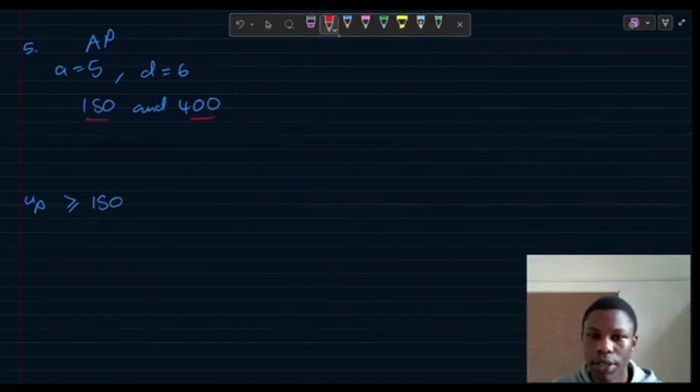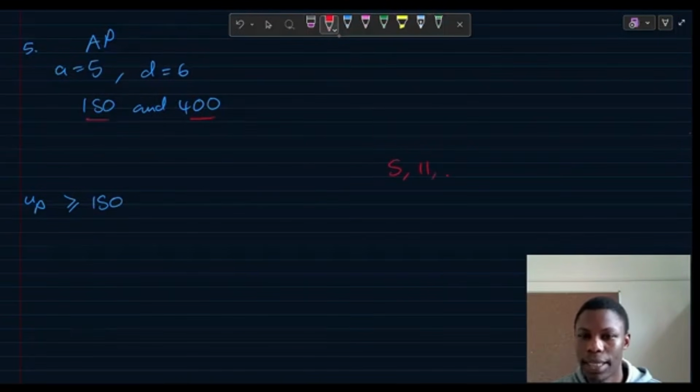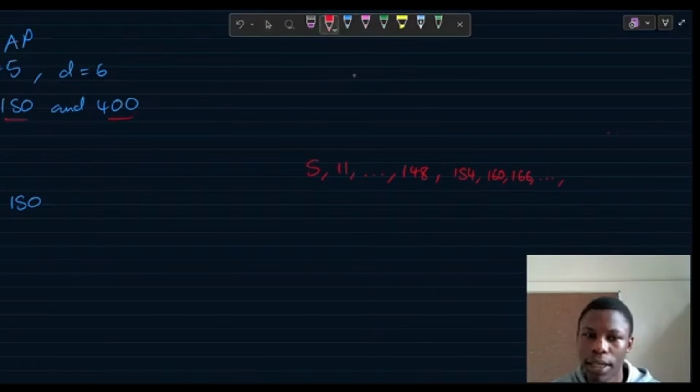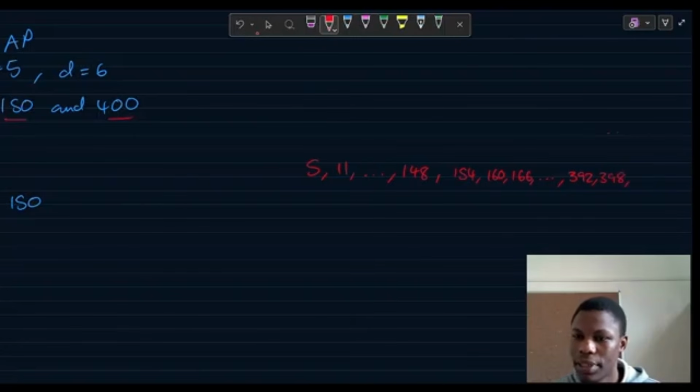We could have something of the form, where our first term is 5 and then 11, and this continues to go on until maybe we get to 148, and then the next term, if we add 6, is 154, 160, 166, and this would continue to go on to maybe 392, then 398, and then after this it's plus 6, 404.